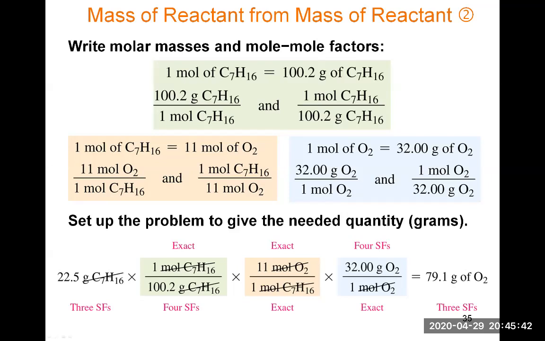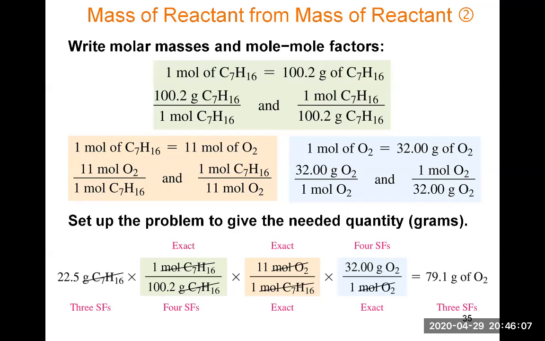For the next conversion factor, you want to cancel the moles of heptane. And the next conversion factor is the mole-to-mole conversion factor. And so the 1 mole of heptane will go on the denominator so that it cancels the moles of heptane from the previous conversion factor. And you have 11 moles of oxygen on top.